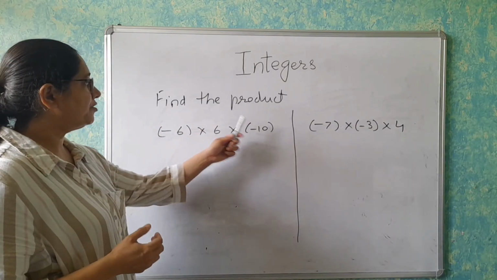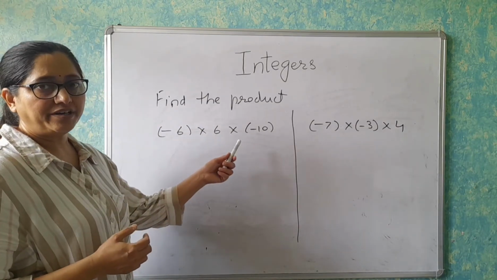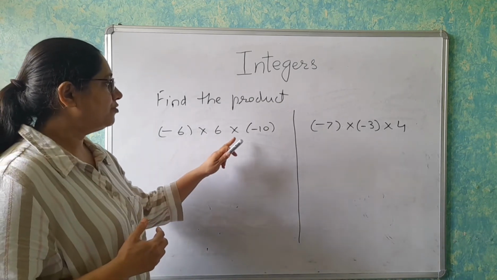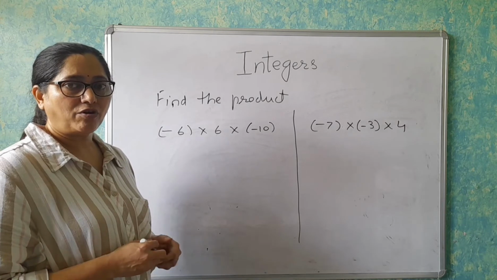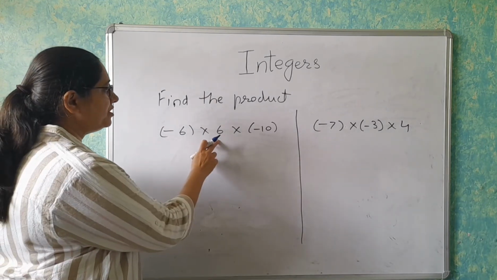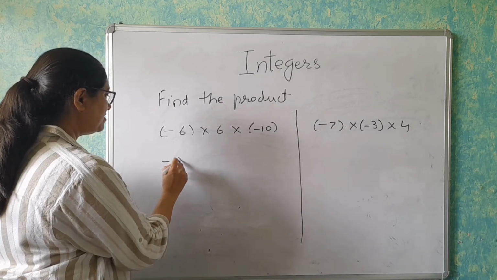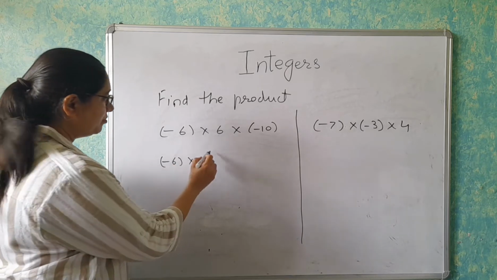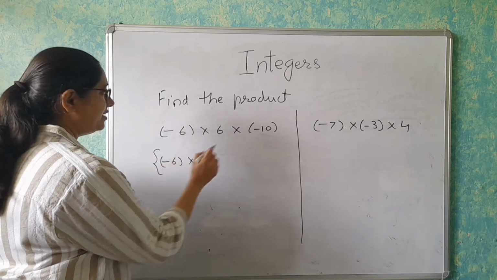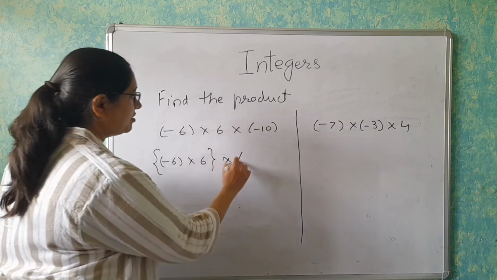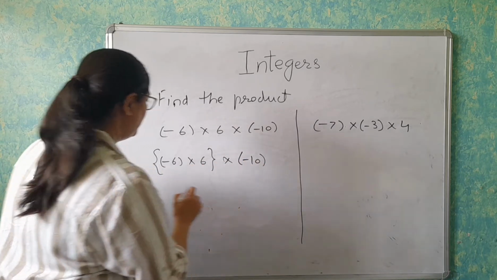Now we have to find the product of these three integers. Whenever we have to multiply three integers, we can apply the associative law of integers. We can first multiply these two integers. So I can write it as minus 6 multiplied by 6 and I have to put them into a middle bracket. And then I can multiply the product of these two integers with minus 10.